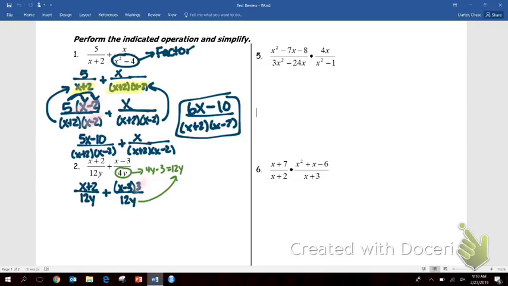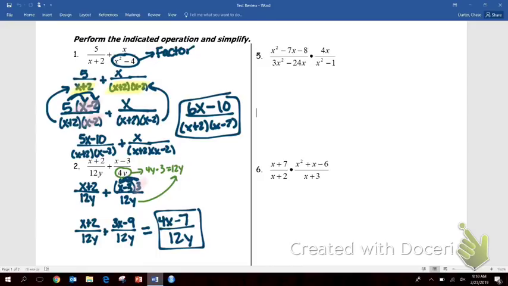Now, just like the last one, I need to distribute, and then I can combine like terms. When I combine like terms, I get 4x minus 7 over 12y. So add and subtract: common denominator, combine like terms.